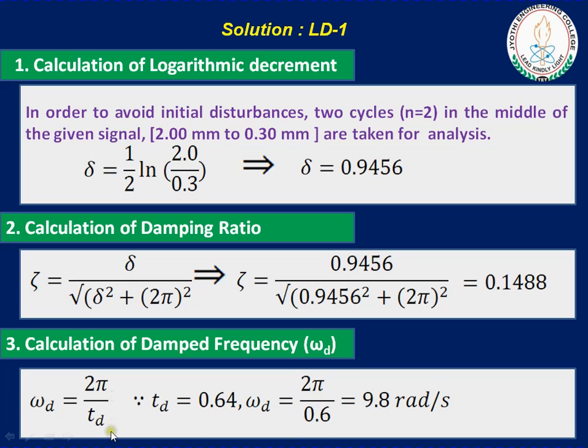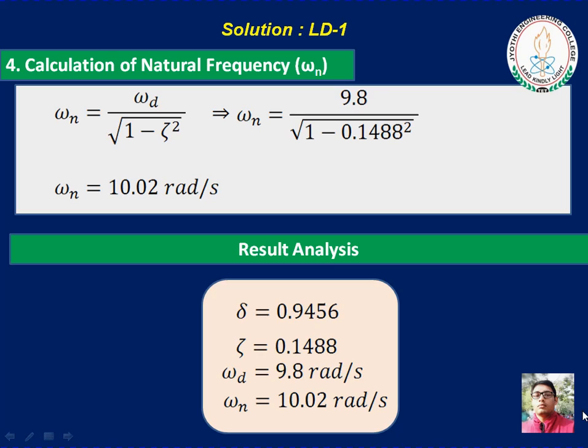That is equal to 2 pi by Td, where Td is available from the diagram. Then we can directly calculate omega d. Then how do you calculate the natural frequency? The governing equation is omega n equal to omega d divided by root of 1 minus zeta square, and the value is 10.02 radians per second.